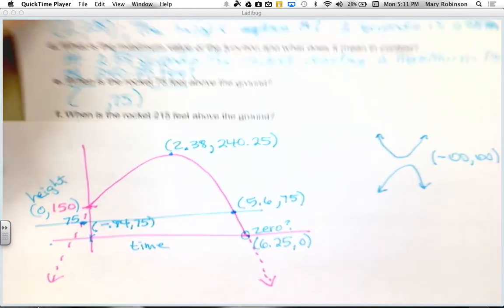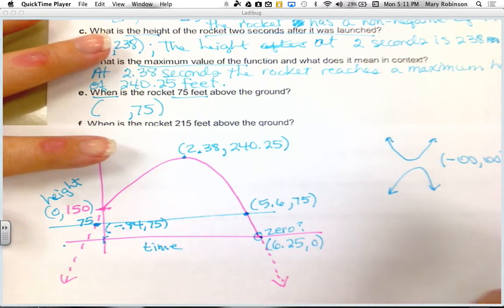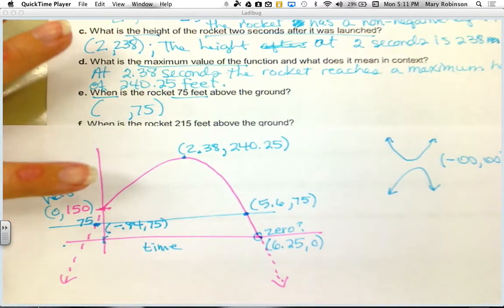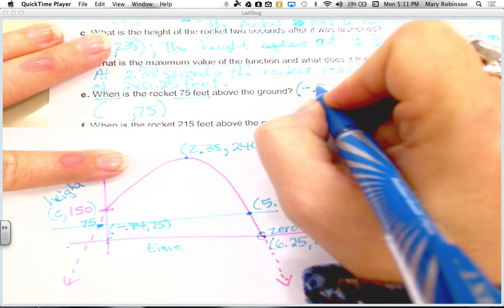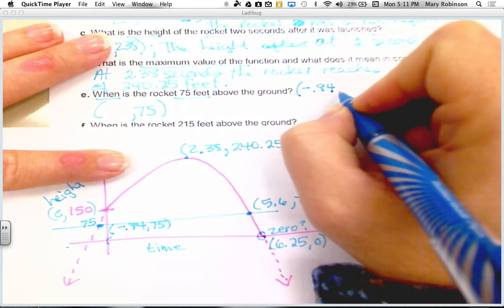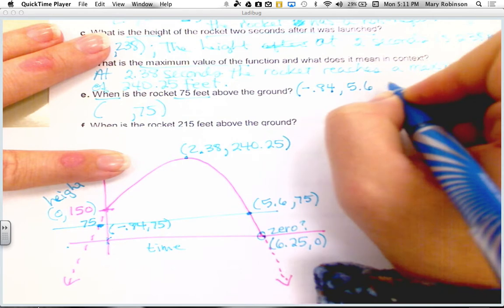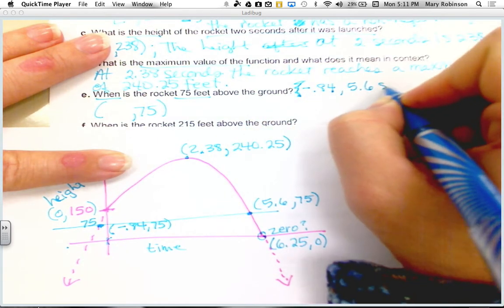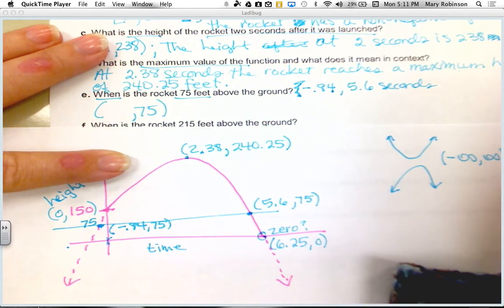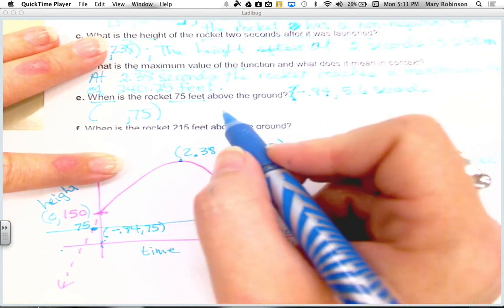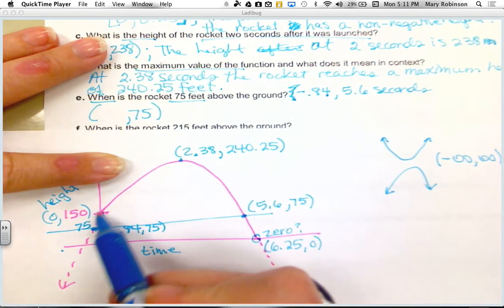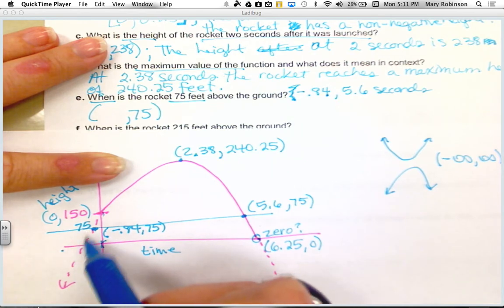Okay? So, of course, again, I'm going to ask you to write a statement. I do want you to indicate what both of your values are. So I would put negative 0.84 and then 5.6, oh, I shouldn't use parentheses, negative 0.84 and 5.6 seconds. But then when you answer the question, when is the rocket 75 feet above the ground, we don't have negative seconds, so that's not going to be practical.